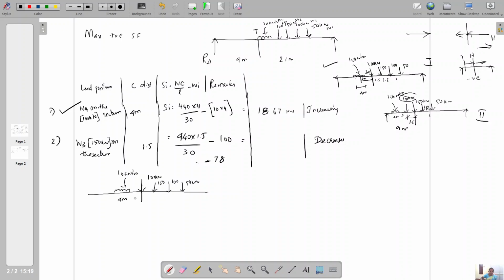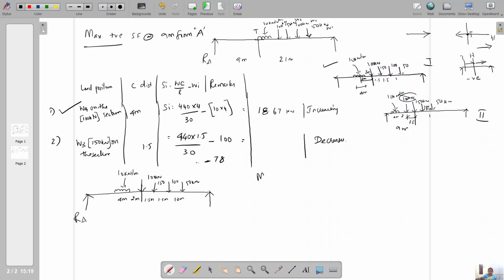So 4 meter distance, 2 meter, 1.5 meter, 1.5 meter, 1 meter, 1 meter. You mark the support here. This is maximum positive shear force at 9 meter from support A.